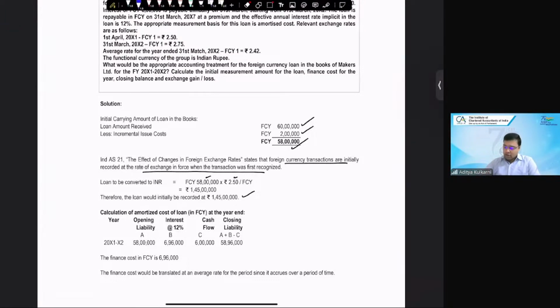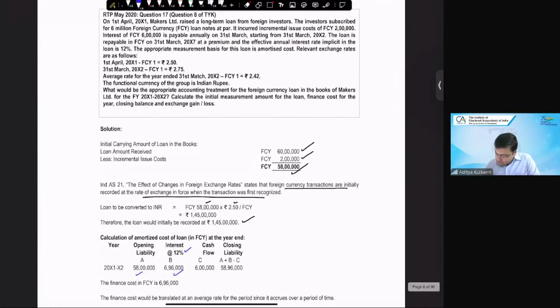Now, I have recognized the loan at 58 lakhs, correct? On that, the interest is at the rate of 12%.